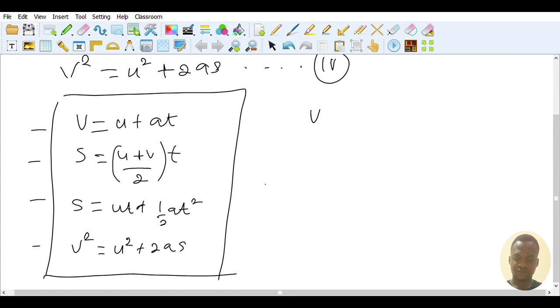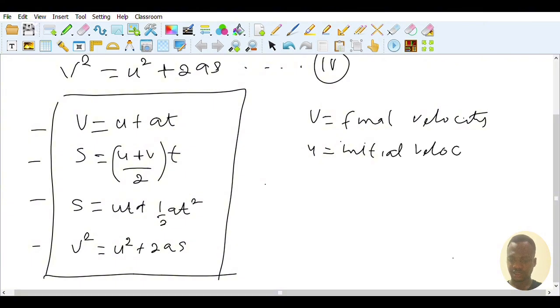In these equations, V is final velocity, U is initial velocity, A is acceleration, S is distance or displacement.